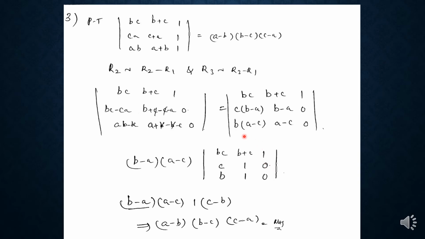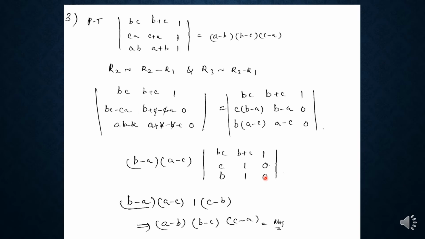Similarly, in the third row, A minus C is common. So by writing A minus C into B, 1, 0. So that is BC, B plus C, 1, C, 1, 0, 0, B, 1, 0.